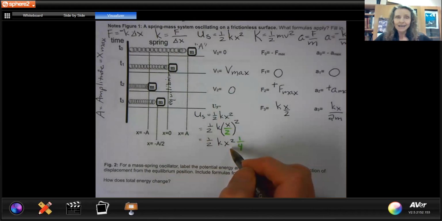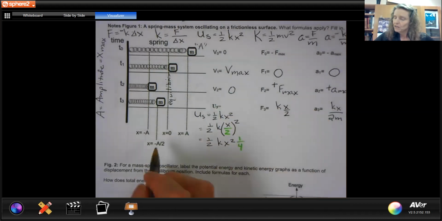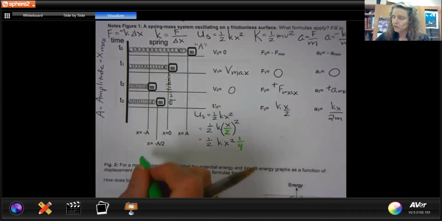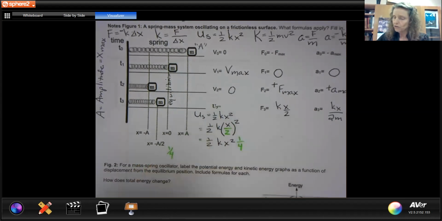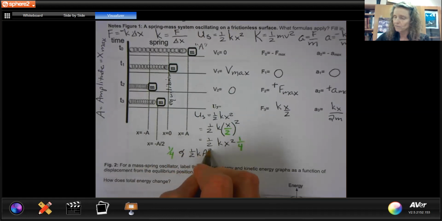So in other words, it is not linear, right? So look at that equation, x squared. This is not going to be linear. So that is 1/4. I guess I'll stick with green here. So that is 1/4 of, try this on. What would I be writing if I wrote 1/2 ka squared? 1/4 of the maximum potential energy that it could have, right?